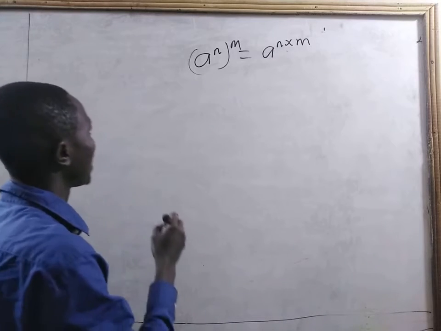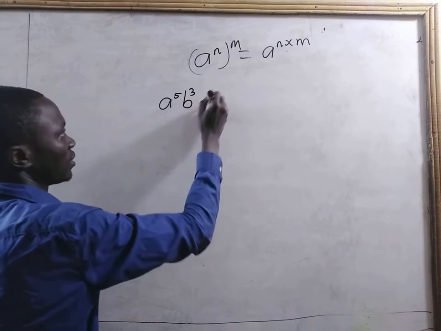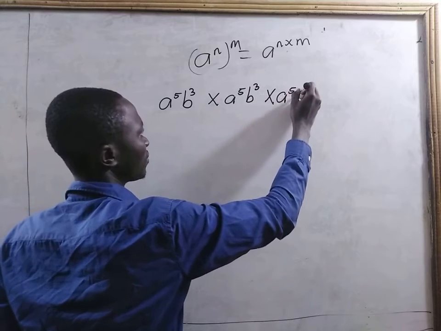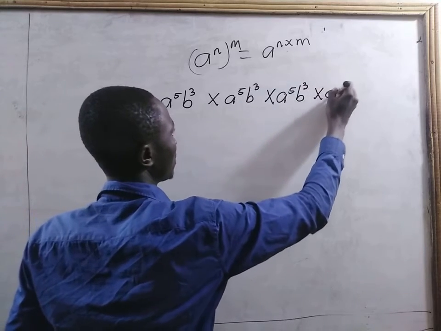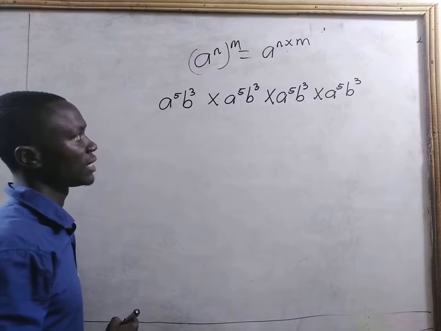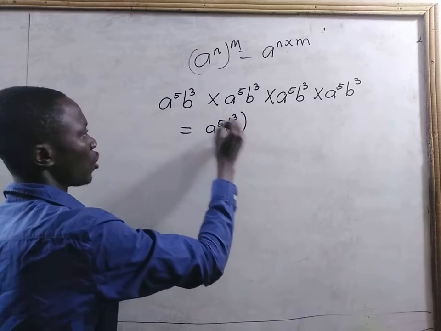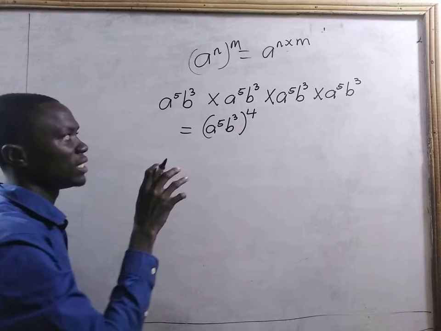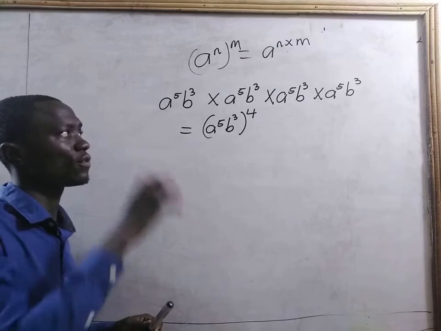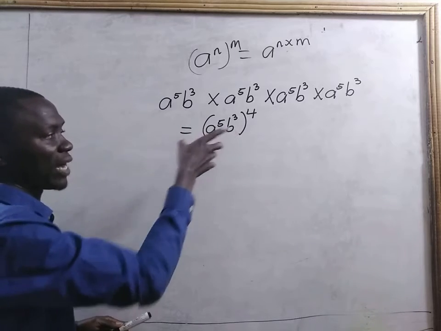Now, if I have, let's say, a exponent 5 times b exponent 3 times a exponent 5 times b exponent 3 times a exponent 5 times b exponent 3 times a exponent 5 times b exponent 3, then this implies that I have a exponent 5 b exponent 3 to the exponent 4, which means that a exponent 5 b exponent 3 is multiplying itself 4 times.